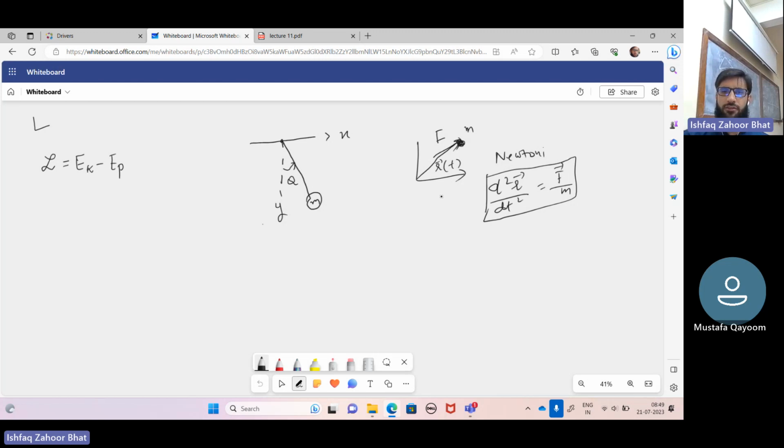But there is an alternate way which we can find out using this Lagrangian method. The concept is that if we have some mass m, it goes from point 1 to point 2. It will follow some path. We don't know which path it will follow, but there are n possible paths it can follow.